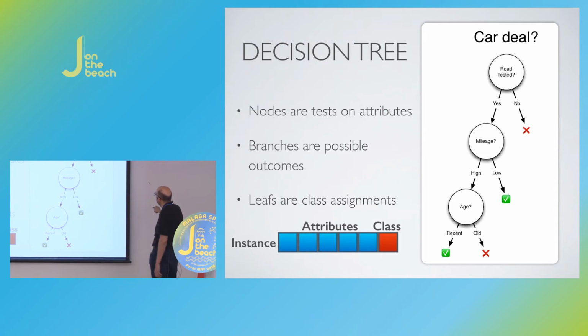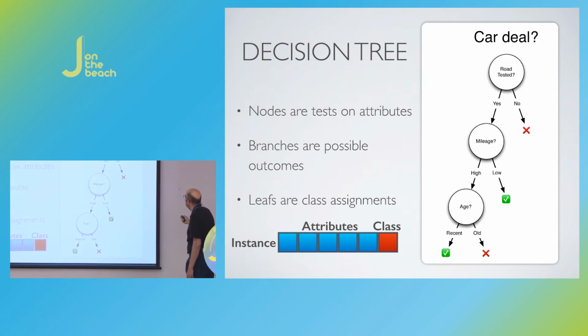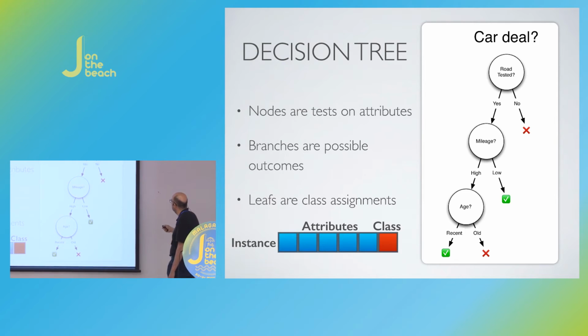The idea is that we have these nodes, and in these nodes we have an attribute, and then we have different branches. For example, imagine that we have instances with data about whether we want to make a car deal or not. The attributes in this case could be: was the car road tested, mileage, and age of the car.